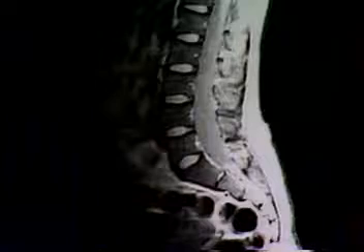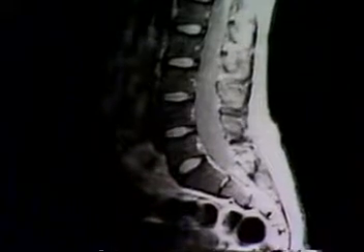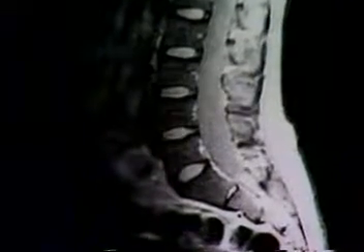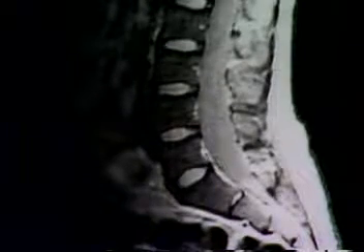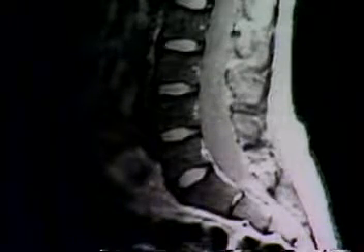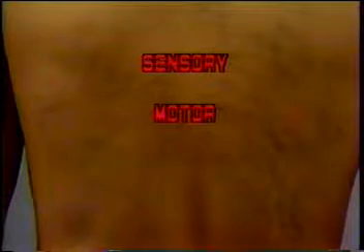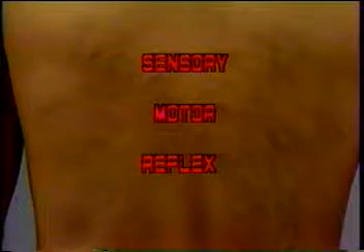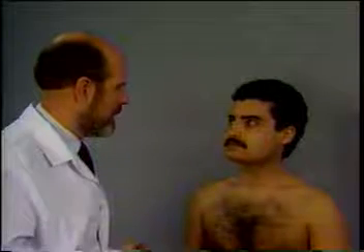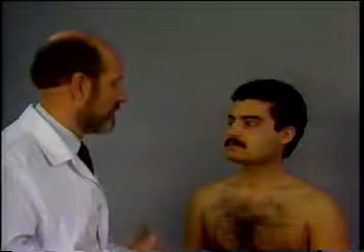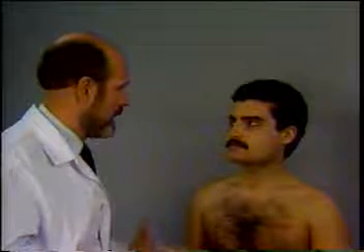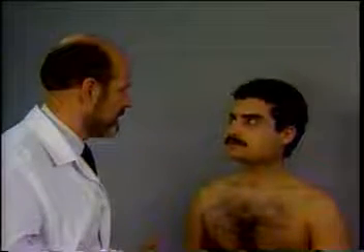Since the spine is intimately associated with the neurological structures, it is absolutely essential to perform a complete neurological evaluation. This will include sensory, motor, and reflex examination. The neurological examination is unfortunately somewhat subjective and requires the patient's full cooperation.